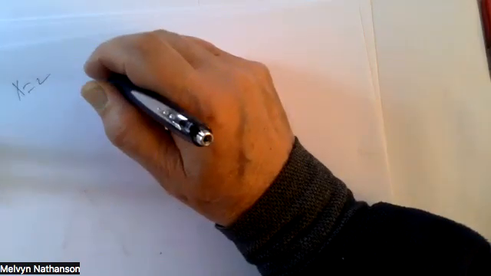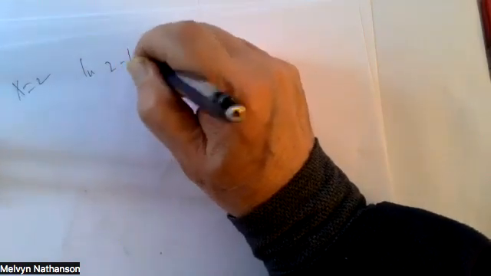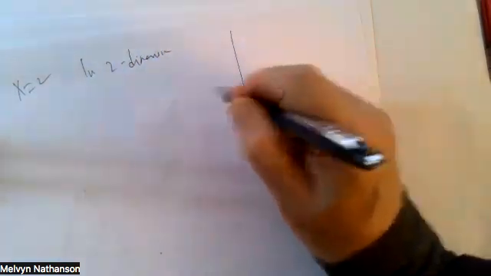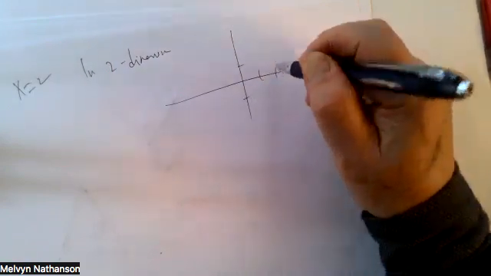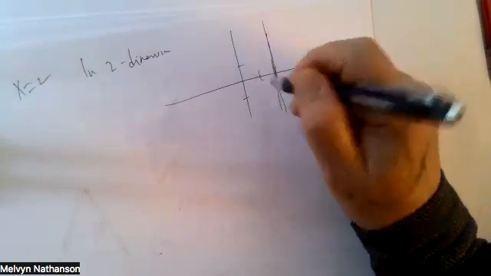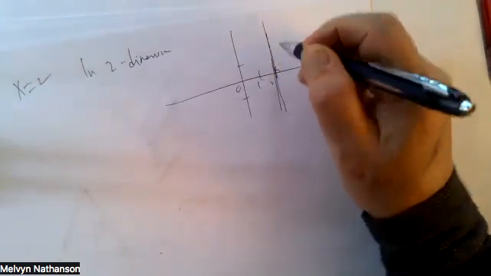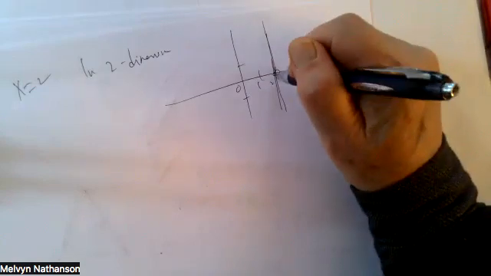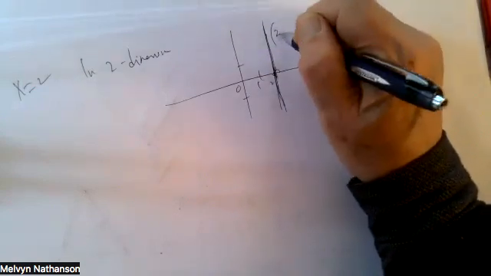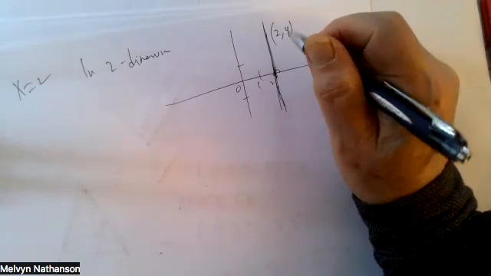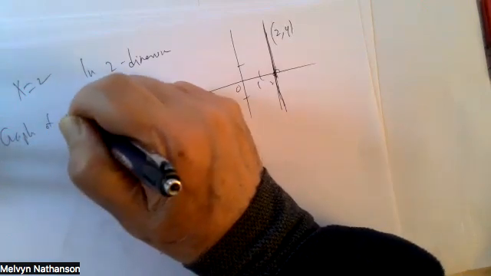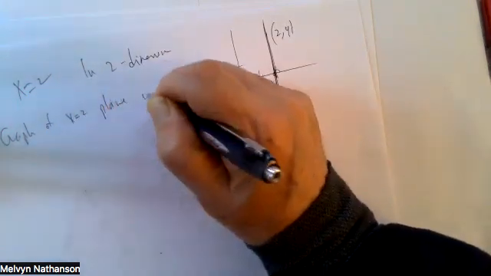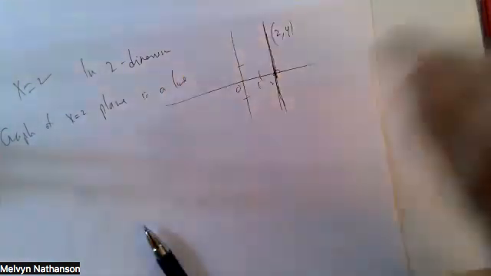Okay, well, it looks different in 2 dimensions and 3 dimensions. So in 2 dimensions, you're just looking at the XY plane, right? And if you take the vertical line through the point 2 on the XY plane, any point on this line has coordinates (2, y). So the graph of x equals 2 in the plane is a line.